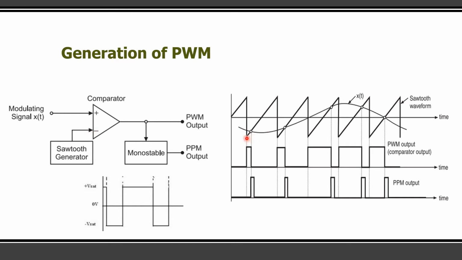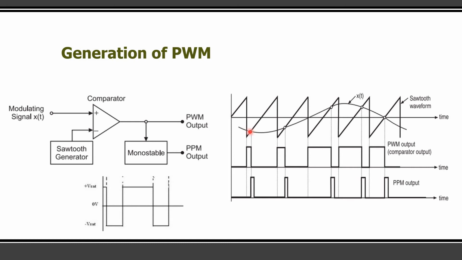Now at the initial condition, from this point, the comparator compares both voltages. Obviously the message signal voltage is higher compared with the sawtooth waveform signal. In that situation, you will get a positive saturation output.